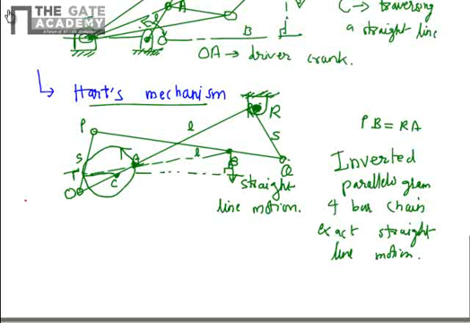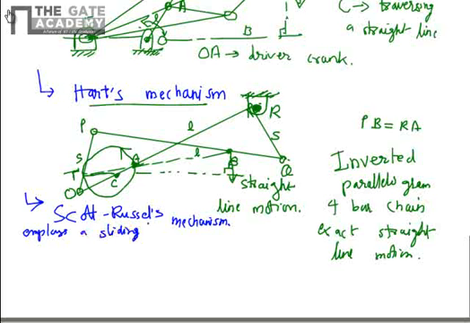The third category in the exact straight line motion mechanism is Scott-Russell's mechanism. This mechanism actually employs a sliding pair. So it is not, truly speaking, a rotary link kind of joint. I'll draw it for you.